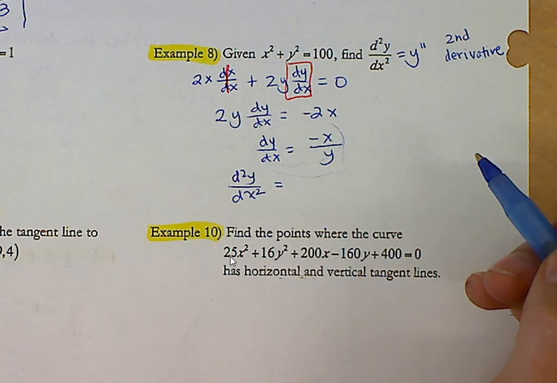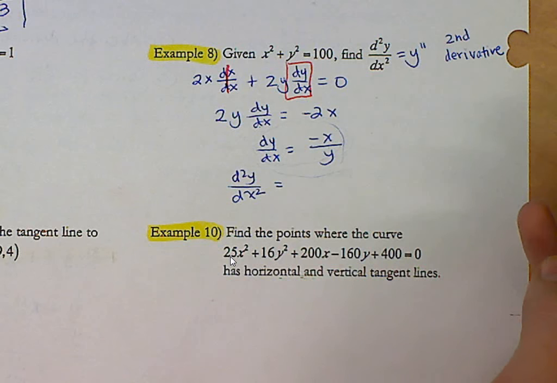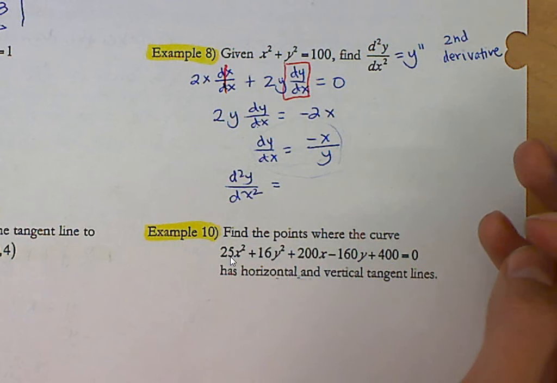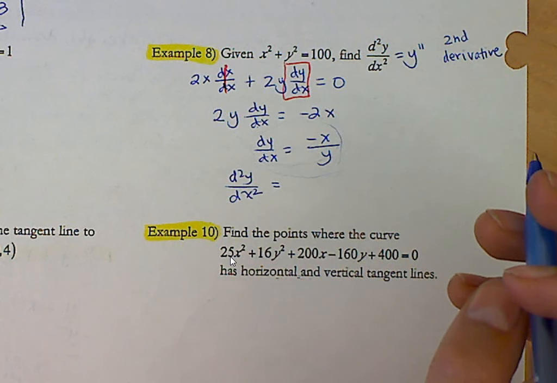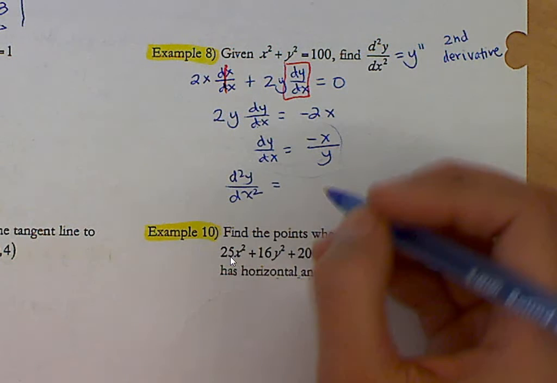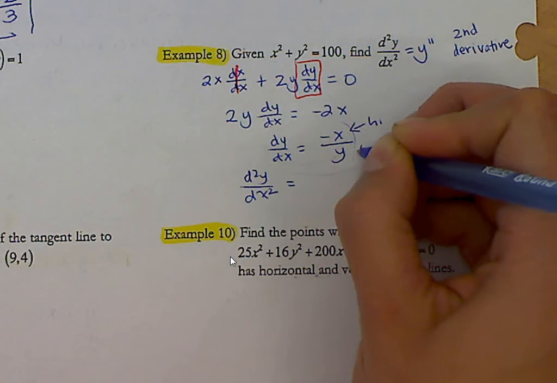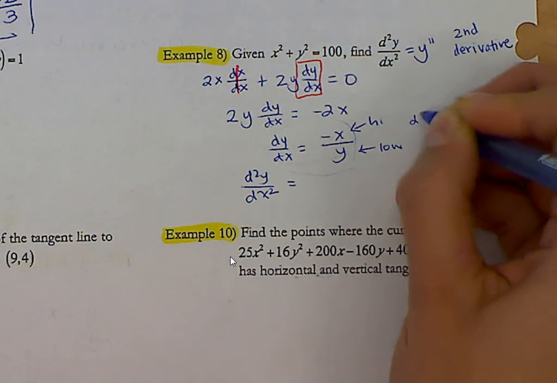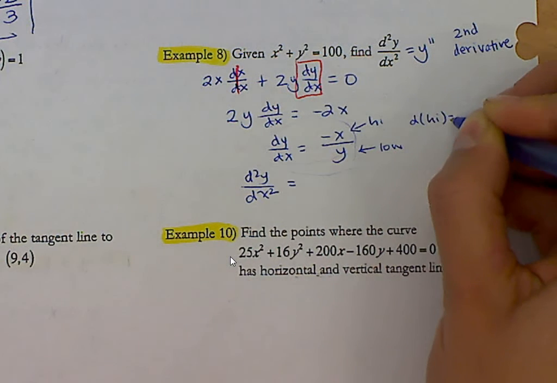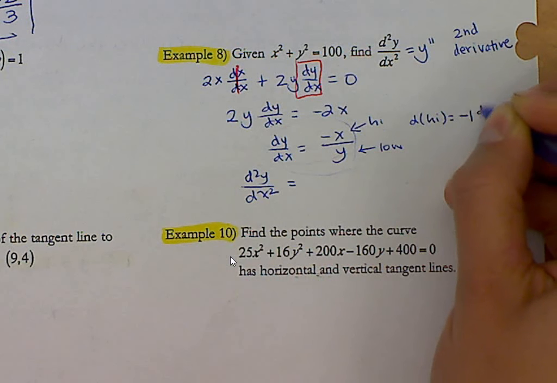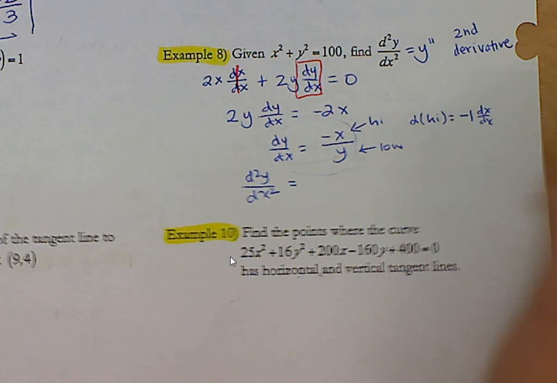So we need to take the derivative of both x and y using our quotient rule. So yes, I need to sing low d high minus high d low over the square of what's below. Alright, so here's my high, here is my low. So d high equals negative 1 dx dx, which I can just write as negative 1.